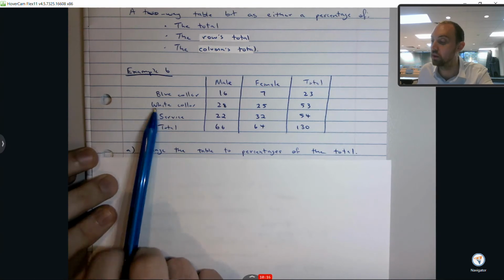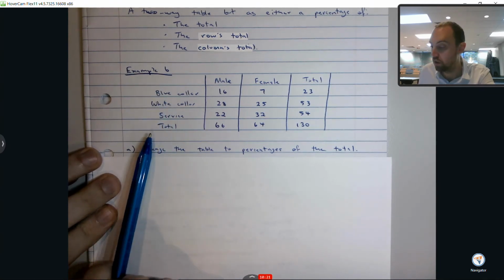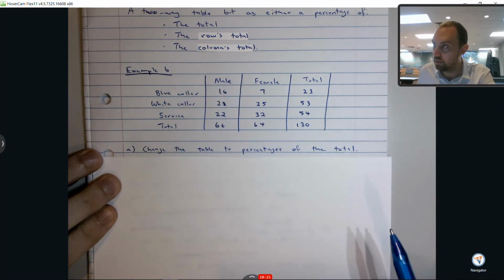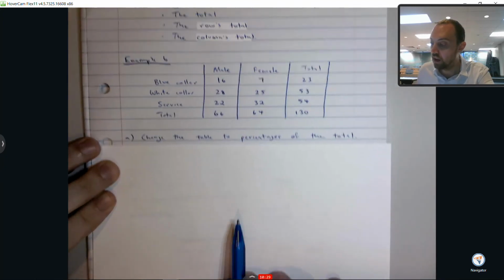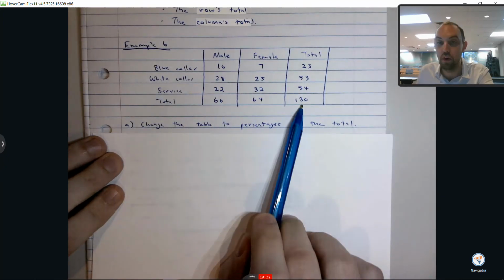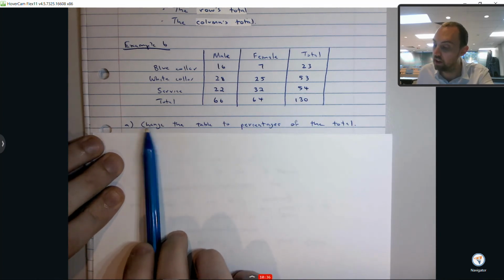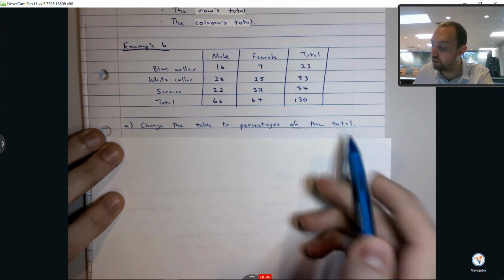Let's look at our example here. We've got different types of workers, blue, white, service workers, and then we've got our sex, male and female, and we have surveyed 130 people in total. We're trying to make this a percentage two-way table of the total.